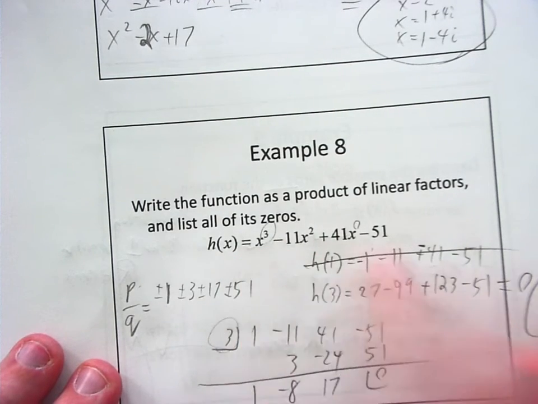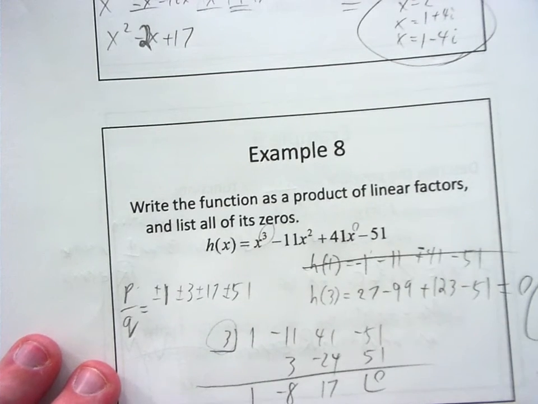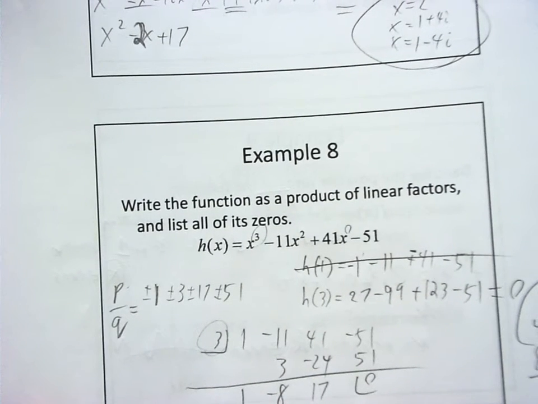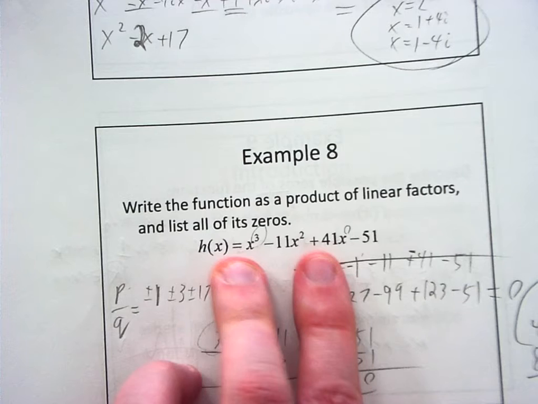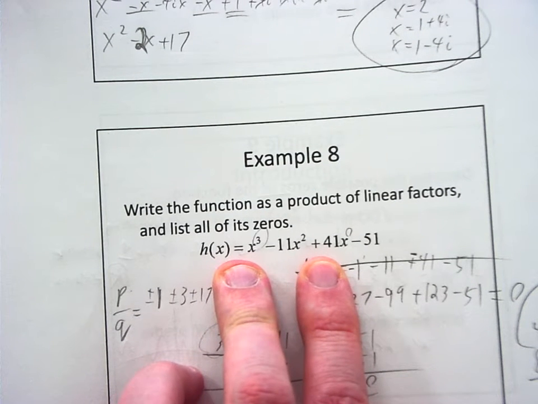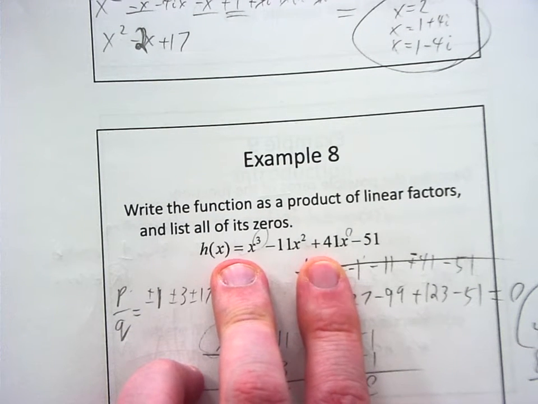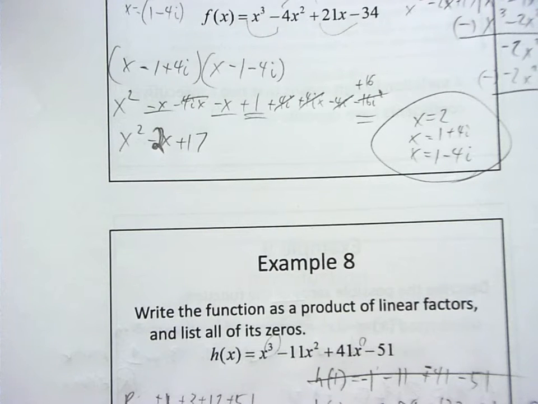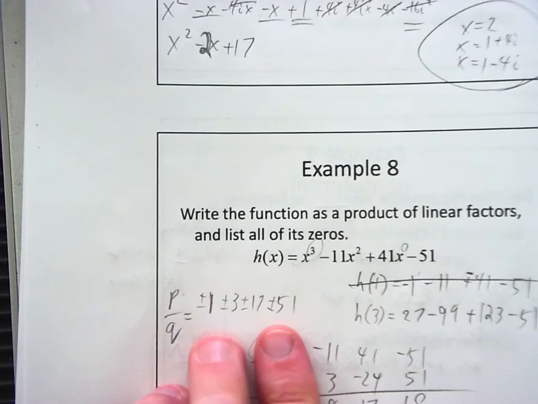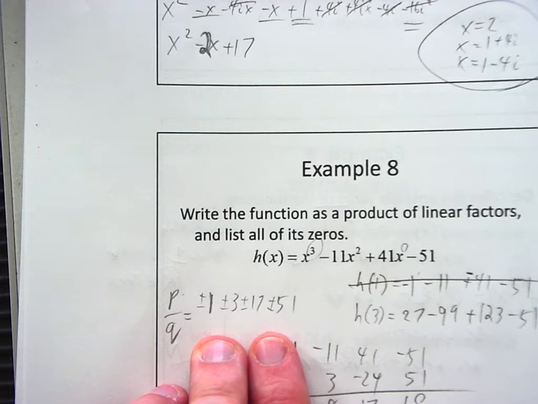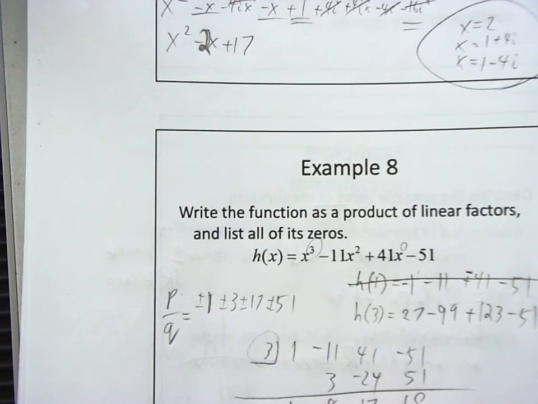You have 1, 2, 3 variations, and if you flip these, you end up with none. So if you had these rationals to choose from, just based on Descartes' rule, what could I throw out? All the negatives, because I know none of the negatives work based on Descartes' rule.